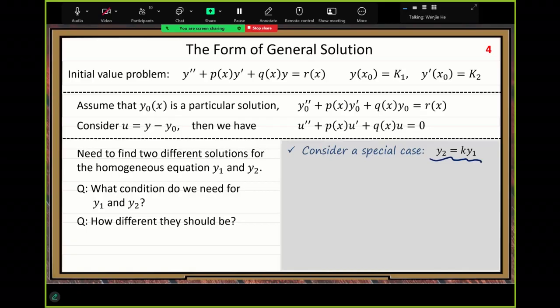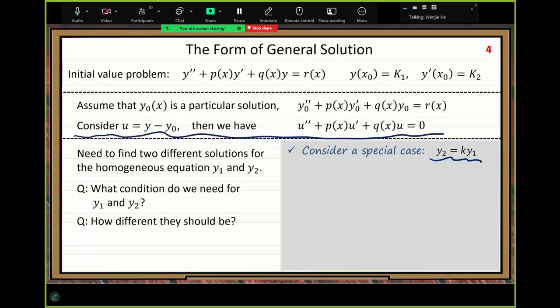Yes, homogeneous, because if you have a non-homogeneous equation, your K won't work. Here we're talking about the homogeneous version.